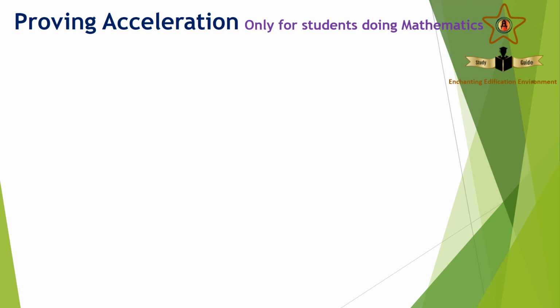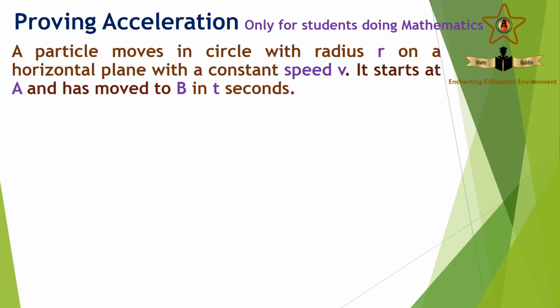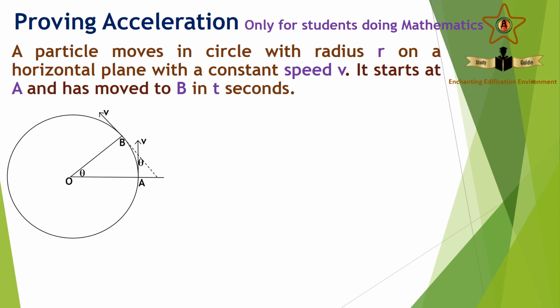Students who are doing physics, you need only the formula. Now a particle moves in a circle. The radius is r and the speed is v, which is a constant, and this particle moves in a horizontal plane. It starts at A and has moved to B in t seconds. This diagram shows the situation.